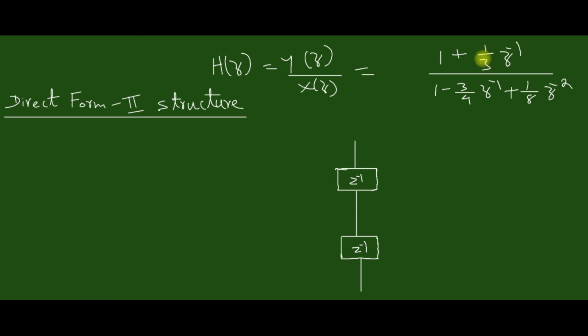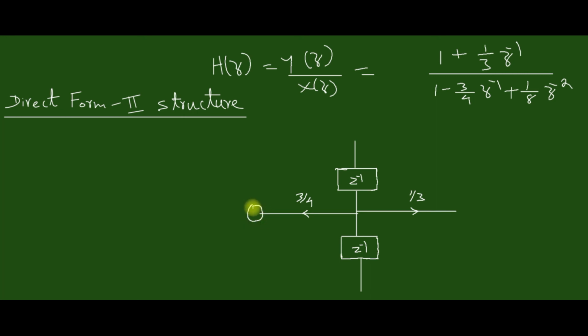Now the B1 coefficient we can draw like this. This is 1 by 3. Now this A1 coefficient is just in the reverse direction, which is 3 by 4.